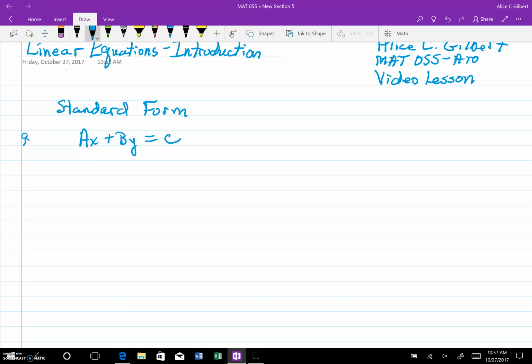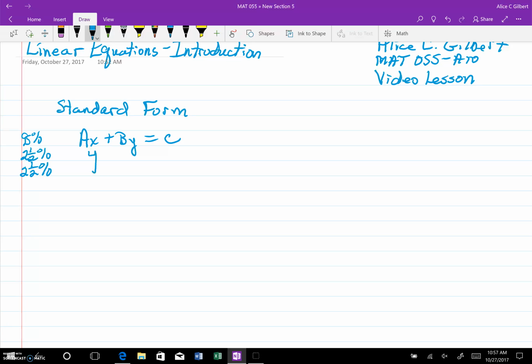We use that maybe about 95% of the time. And then the other 2.5% and the other 2.5% are known as standard form for these equations, and there is no other form. For these next two, this is the only way we can write these.